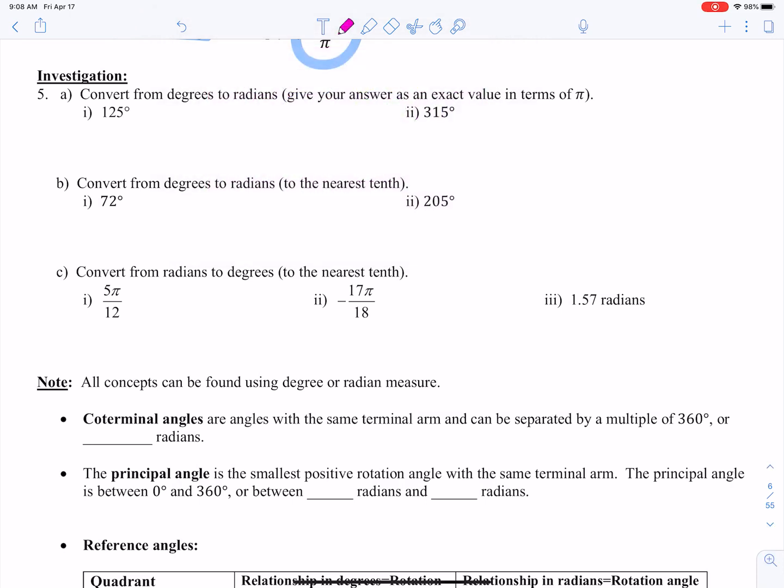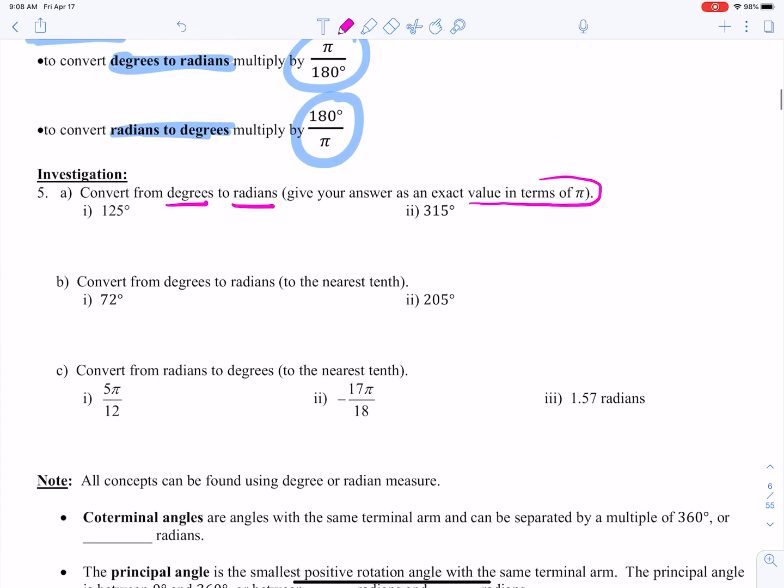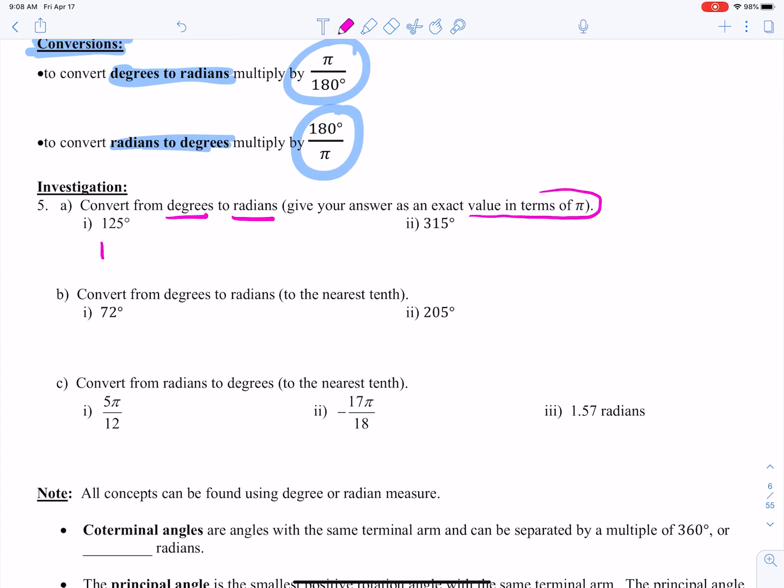So convert from degrees to radians and give your answers in exact value terms in terms of pi. So I'm going to go ahead and say 125 times pi over 180. And that will give me 125 pi over 180. But what we need to do is reduce that fraction.